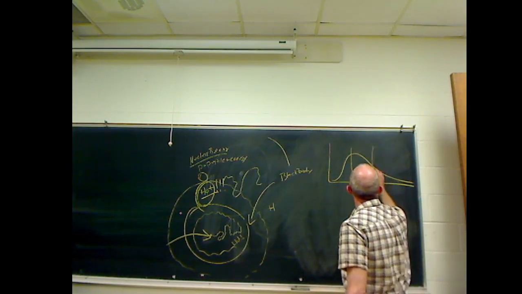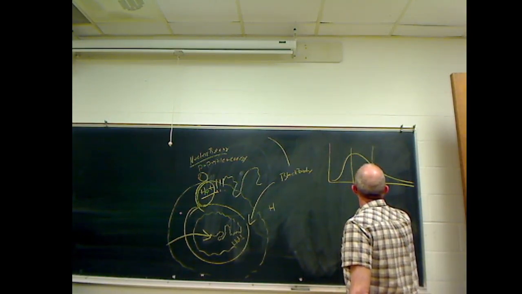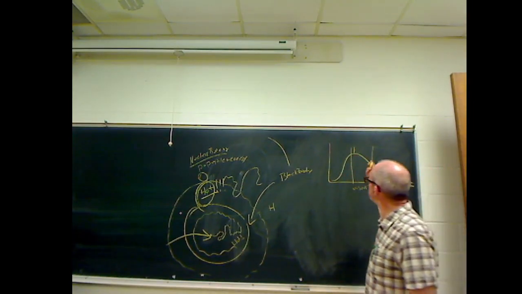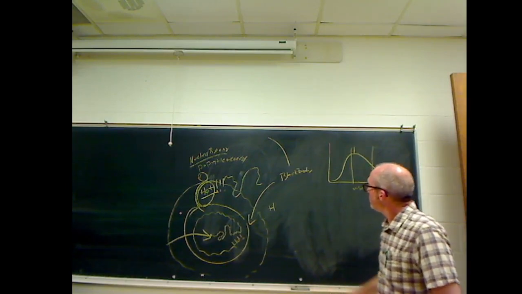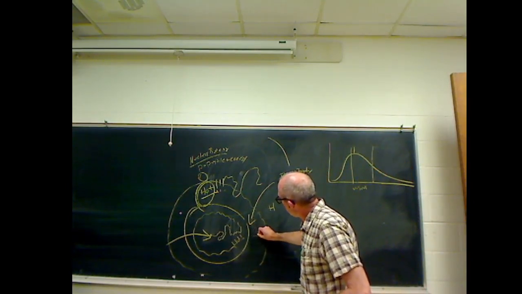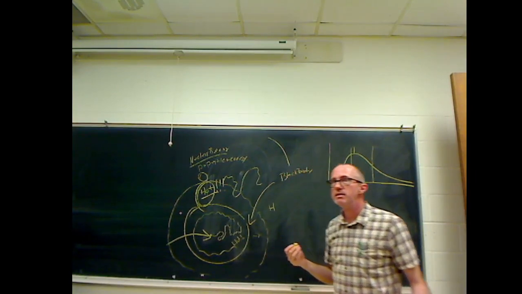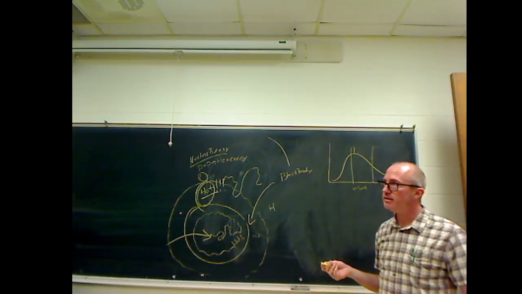Here's the visual band. It's peaked here, which for the sun is in the green, but for another star it's somewhere different. Then I've got this atmosphere, and my photons all have to travel through it, and some of them are going to get blocked by the hydrogen.